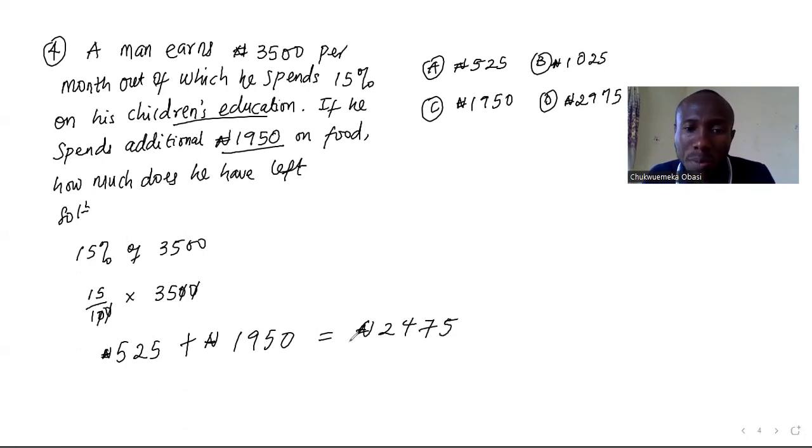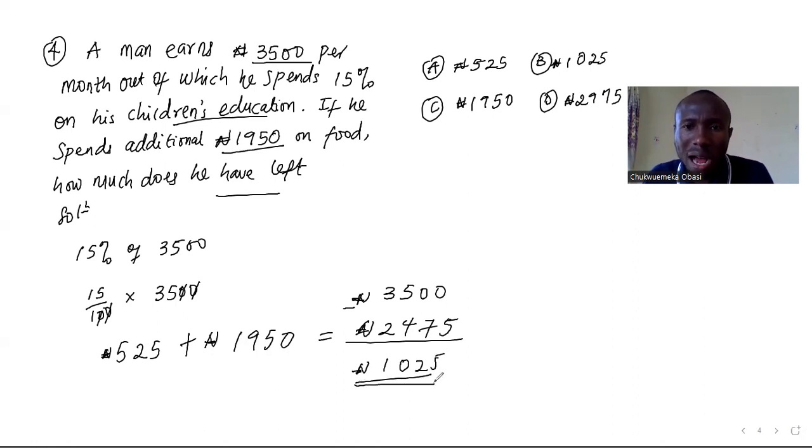This is how much the man spent in total. So when you remove this amount from the salary the man earns per month, let us see what he has left. So we're going to subtract that from 3,500 and let us see our balance. Now doing that, our answer is 1,025. So this is the amount the man has left in his wallet. Okay, so our answer is B.